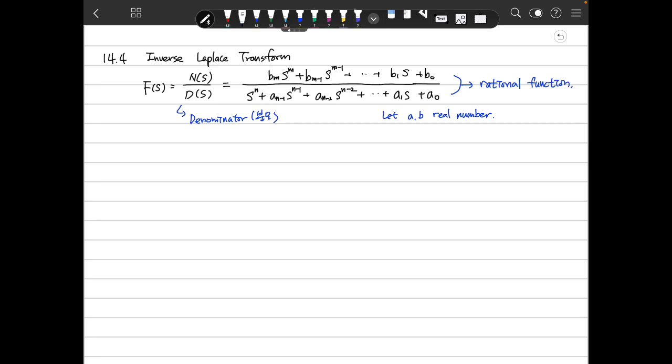So we define two equations. First, the denominator D(s) is 0, and we call the solution of this the pole. And second, the numerator N(s) is 0, and we call the solution of that the root, or zero.